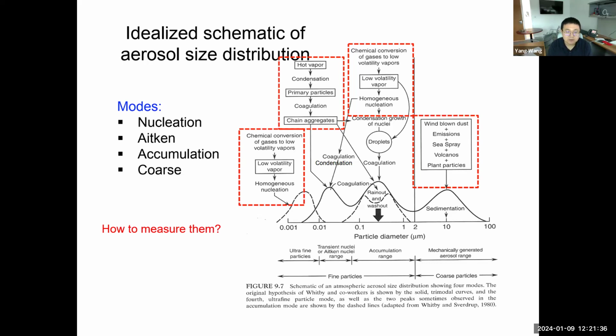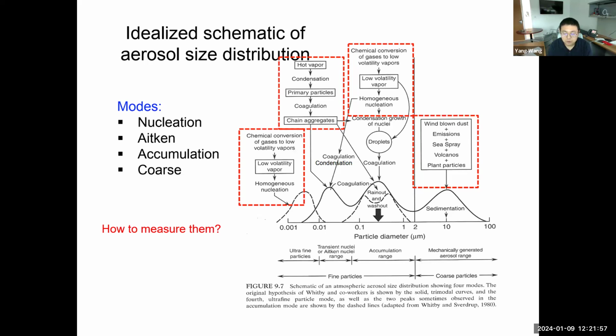And then there are a series of processes involved regarding the Aitken mode aerosols. Further, there are particles in the hundreds of nanometers, which are called the accumulation mode aerosols. And these aerosols can directly contribute to CCN upon activation under condensation environments.